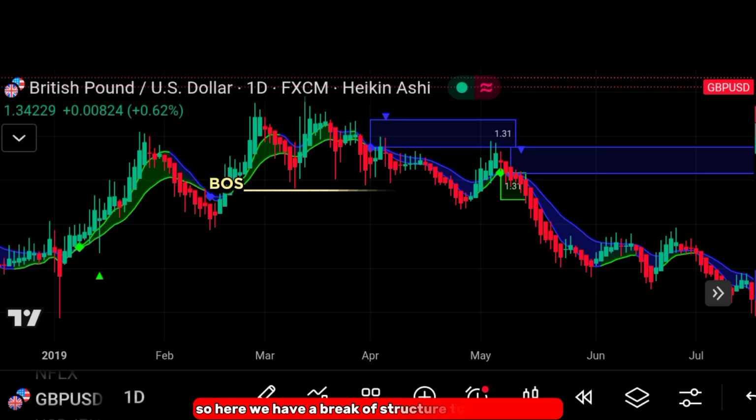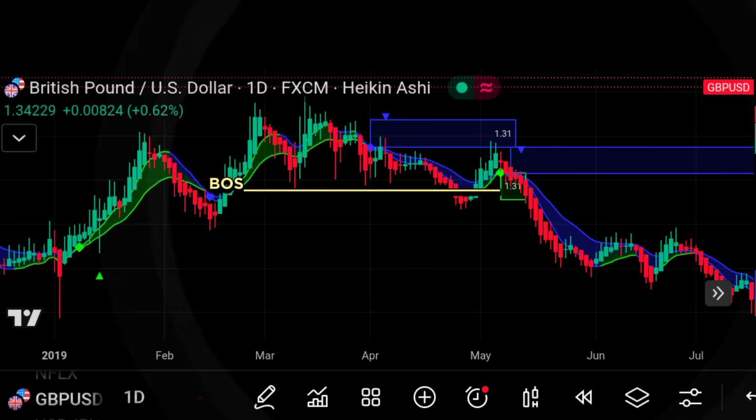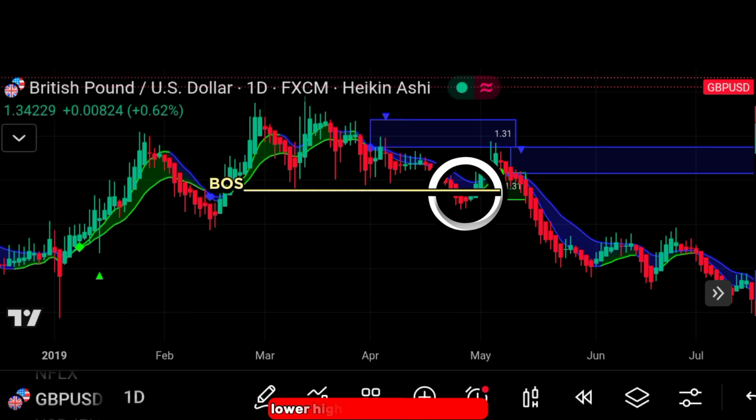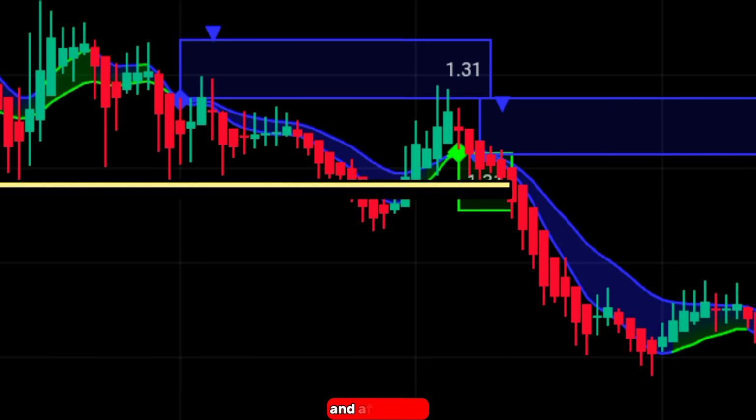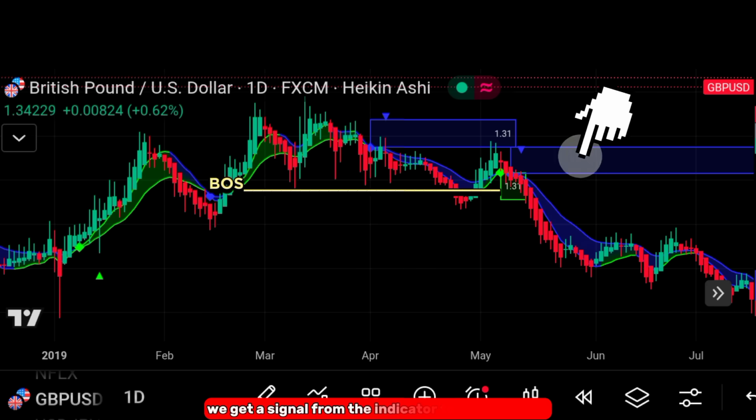So here we have a break of structure to the downside, breaking the last uptrend's lower high, and after it retraces, you can see the moving average of the indicator crossing over and changing to blue colors, and after that, we get a signal from the indicator to sell the trade, but we won't enter the market blindly.